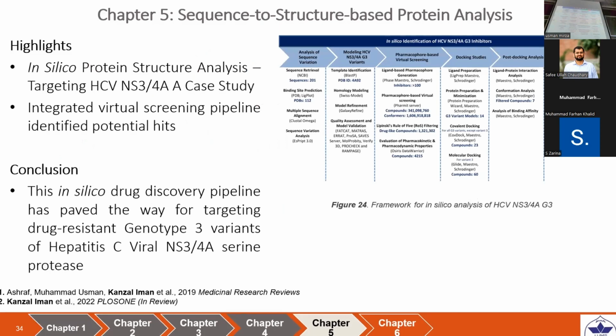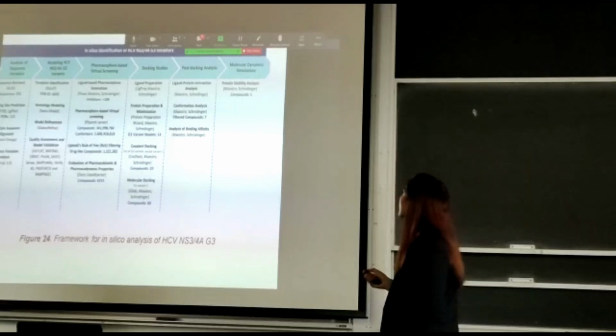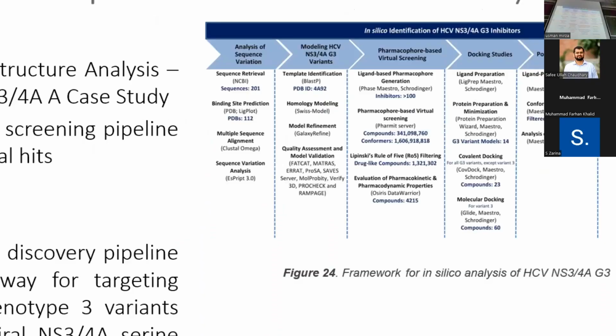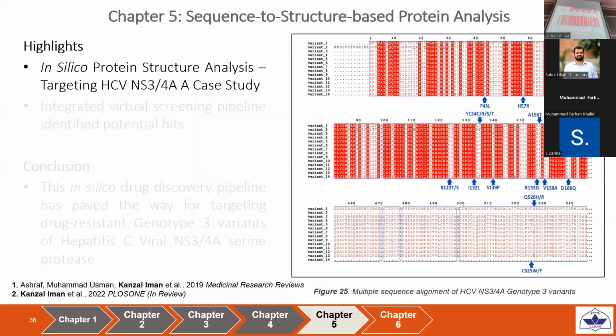To begin with, we retrieved sequences for HCV NS3/4A and identified the binding site. These sequences were aligned to identify the sequence variations. On the other hand, we identified the template for modeling the structure of these sequences. A homology modeling approach was used and the models were refined. This figure represents the mutations within the ligand binding residues of HCV NS3/4A.